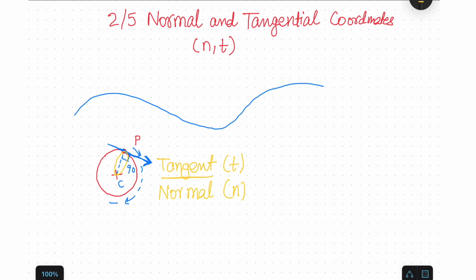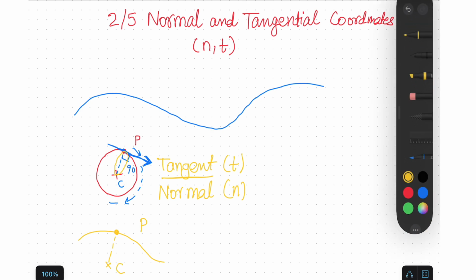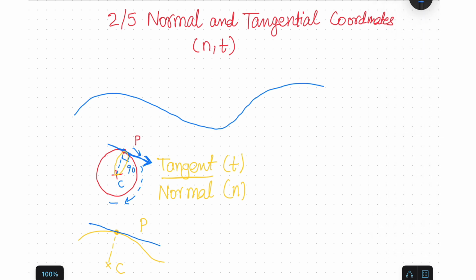Suppose I have a curve here, and here is the point P. I have to make a tangent at this point. First I will find the center of this curvature, and suppose it is C, so I will connect C with P. Then I will make a 90-degree line to this line.